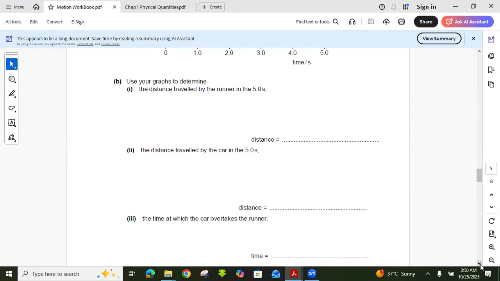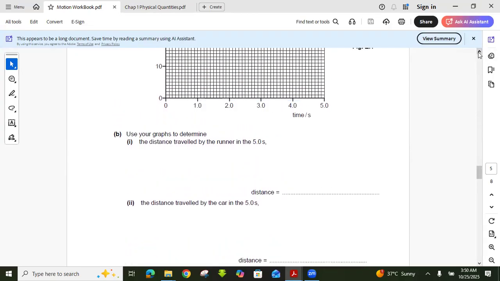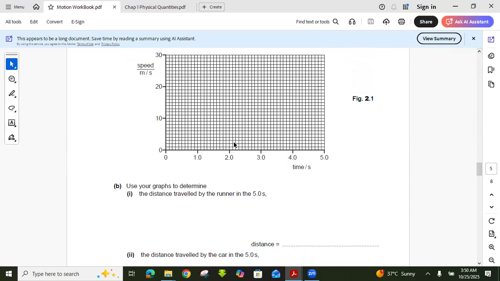The time at which the car overtakes the runner. I told you whenever we are making the graphs there is one point which is intersecting both the graphs. So I think that is the time being asked. Is that 4, I think? No, that is 2. That is the point.